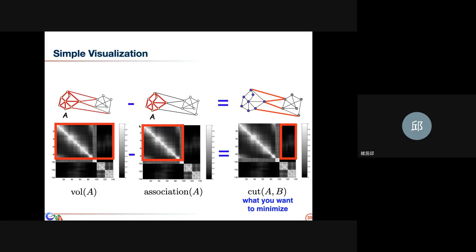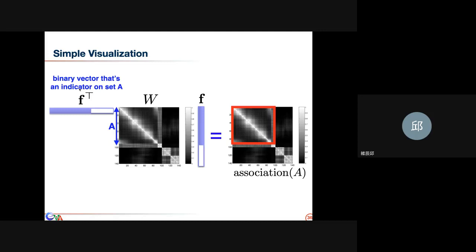So basically, we can define a binary indicator vector. This indicator vector has size n by 1. We put all the elements related to the set A equal to 1, and all the other elements equal to 0. So that is the indicator vector.